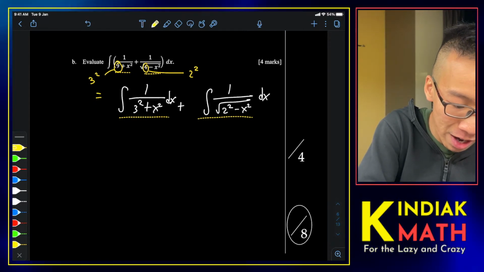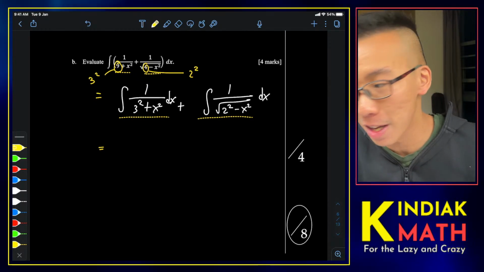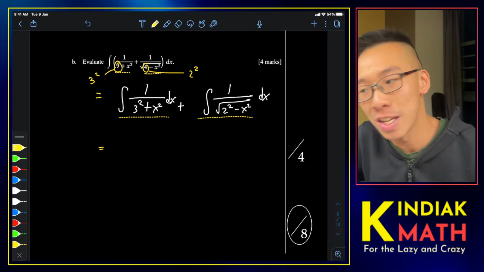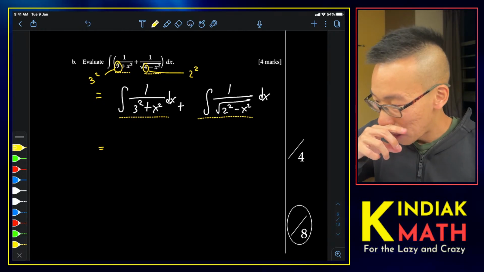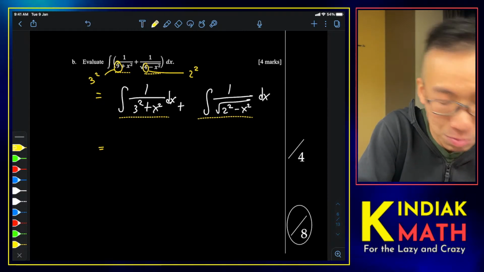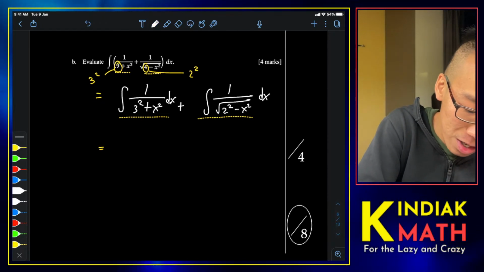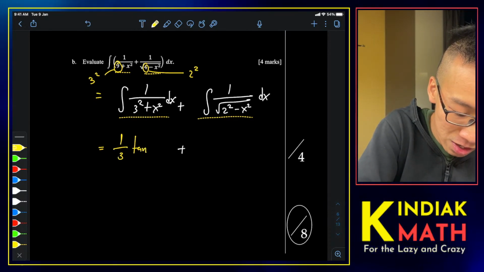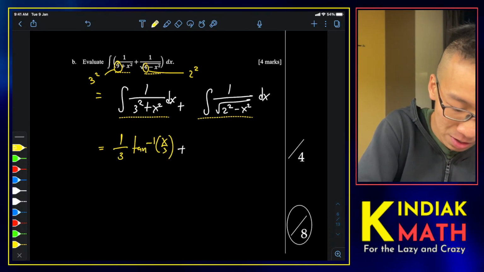There are a few ways to derive these integrals. Of course, you could have the math table to help you. You could use a u substitution if you wish. But we will just use the common results. That tells us the first one simplifies to 1 over 3 tangent inverse of x over 3.